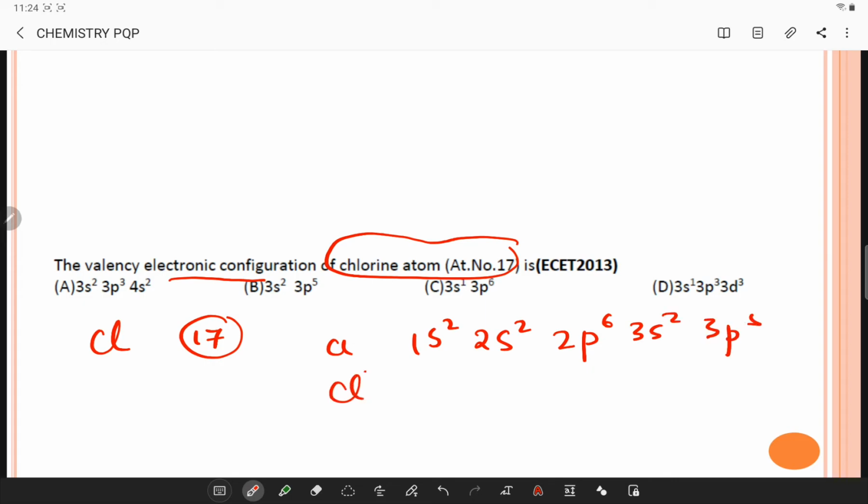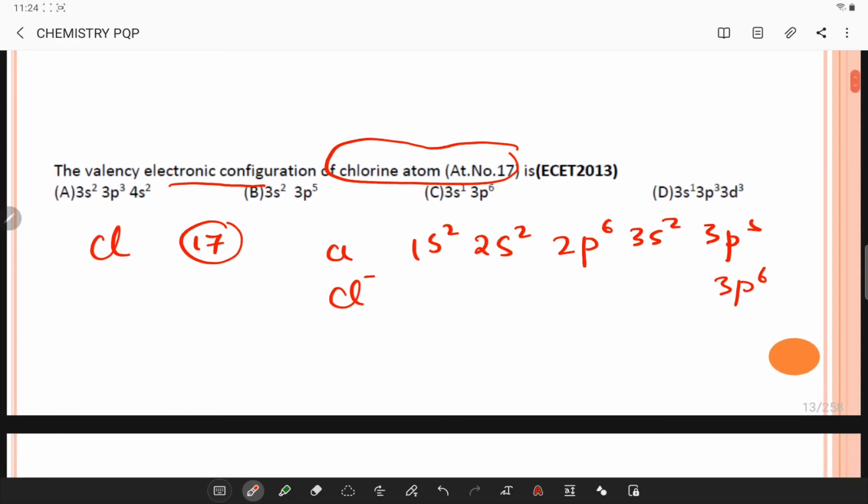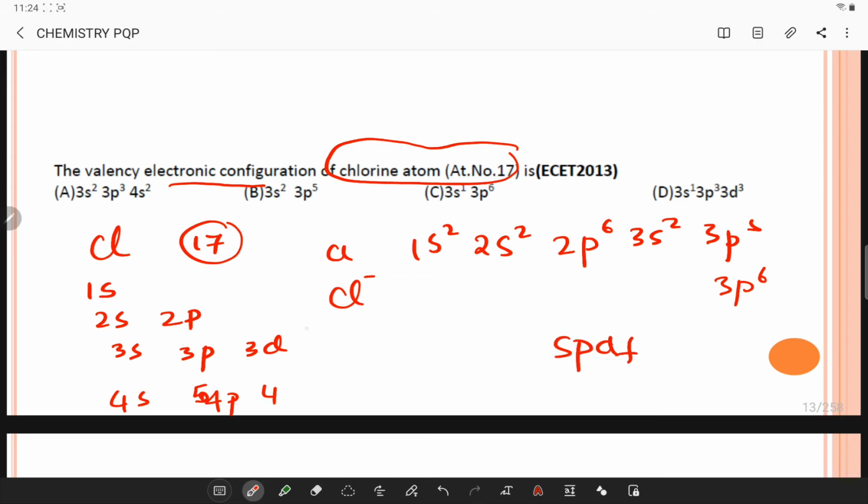If it is chlorine minus, you will have 3p6. The Aufbau diagram will be something like 1s, 2s, 2p, 3s, 3p, 3d, 4s, 4p, spdf. So this is the diagram. With this you can write it.